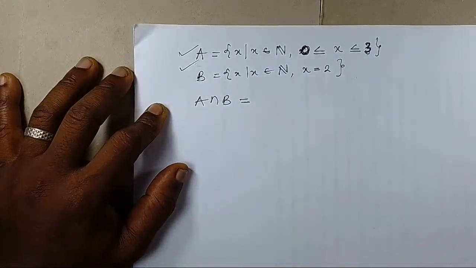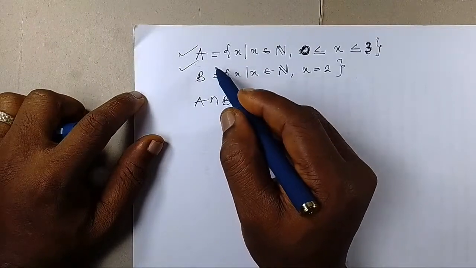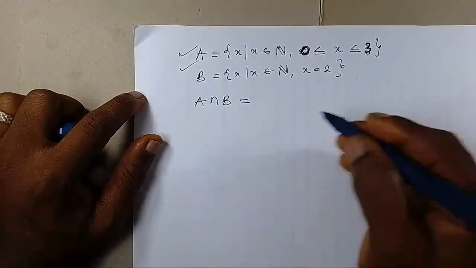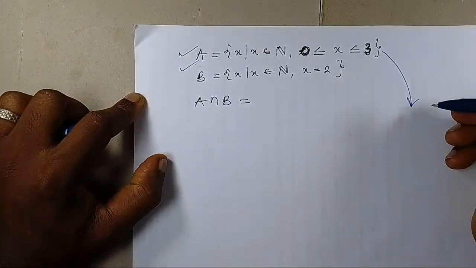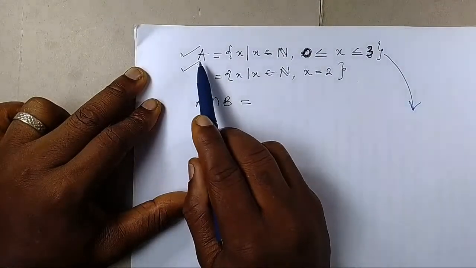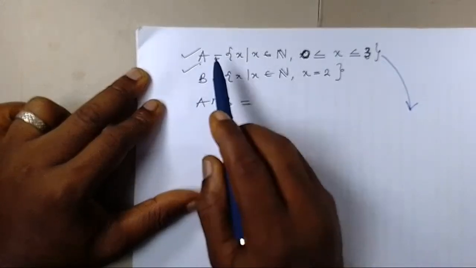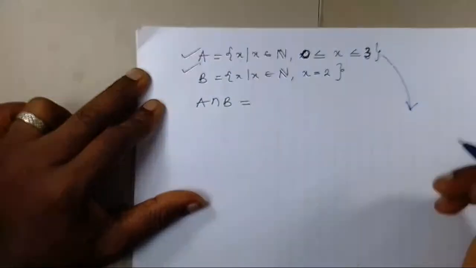Now, please take note. How do you read this? I'm going to read it for you and I'm going to write it out. If you don't know how to read, just hear me read it out and then read after me. Let me write it out.